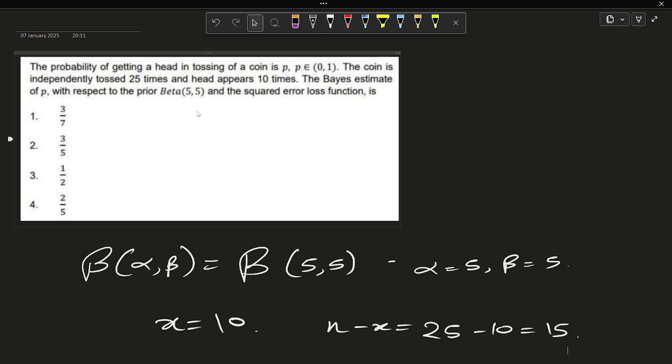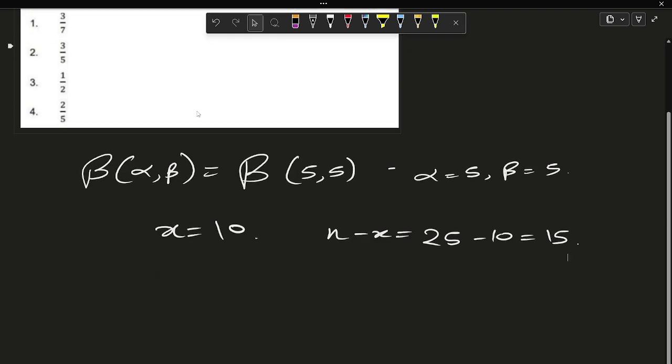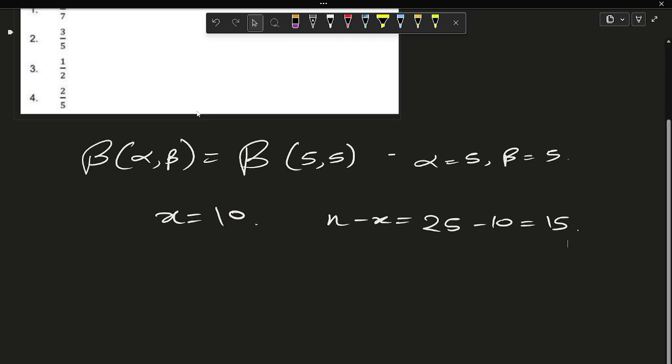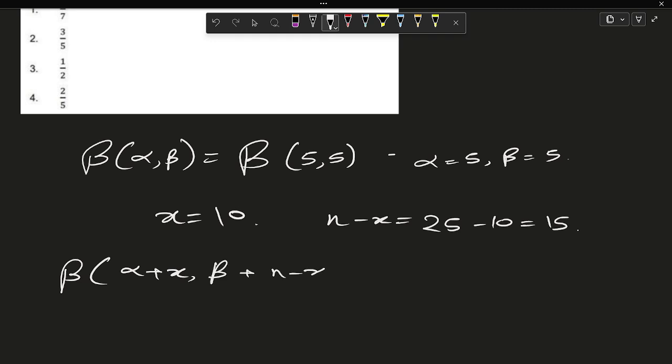Now we have to think about the posterior distribution. When using a beta prior with a binomial likelihood, the posterior is also a beta distribution. That looks like Beta(alpha plus x, beta plus n minus x).